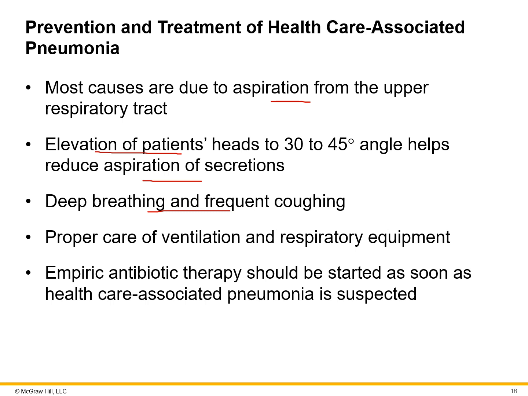Deep breathing and frequent coughing help get rid of things and keep everything nicely oxygenated. Use proper care of ventilation and respiratory equipment, making sure that it's sterilized properly and that it's used and inserted properly. Empiric antibiotic therapy should be started as soon as somebody is suspected of having this because of that mortality rate. Treating it very quickly is very important.